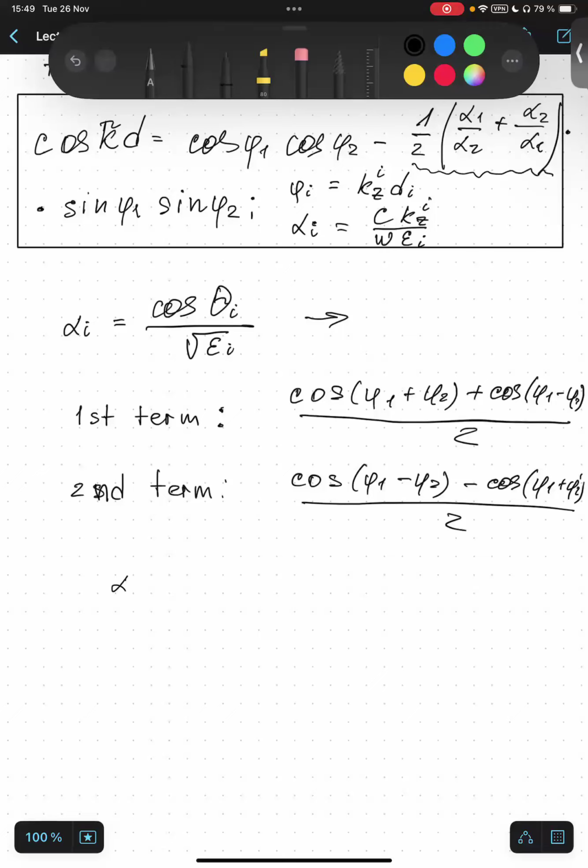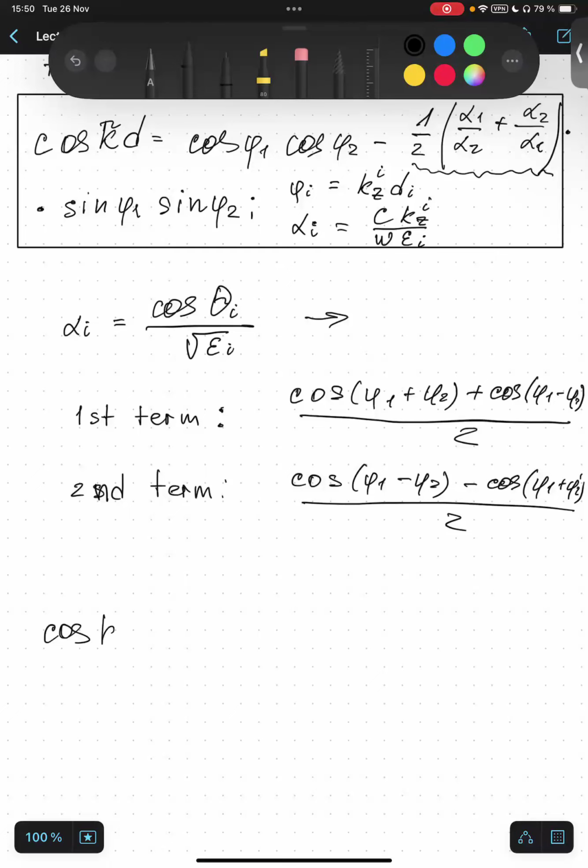Oh, we can rewrite it like this. So basically we can leave it. Well, let's leave it now and just rewrite the whole expression.